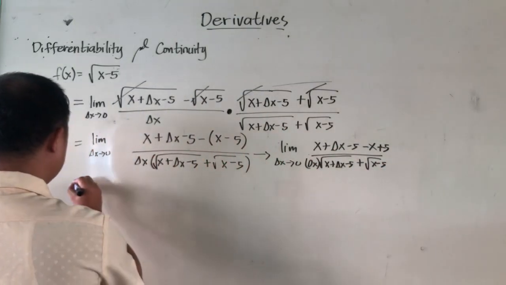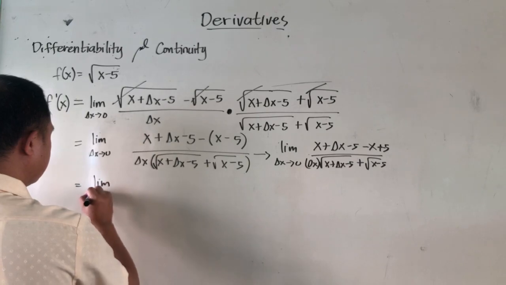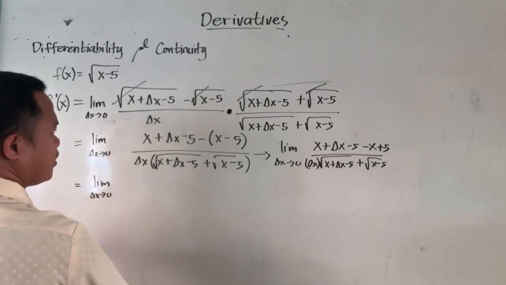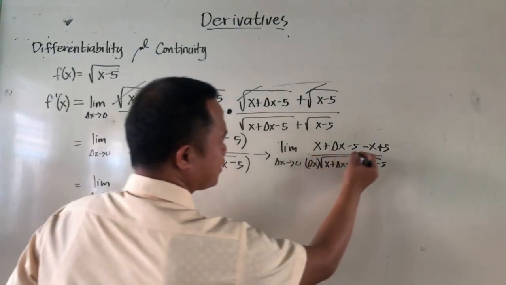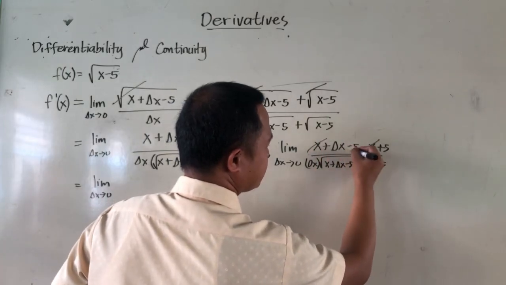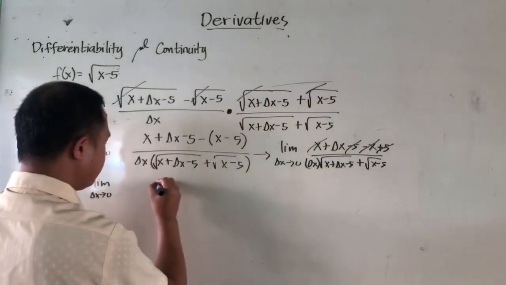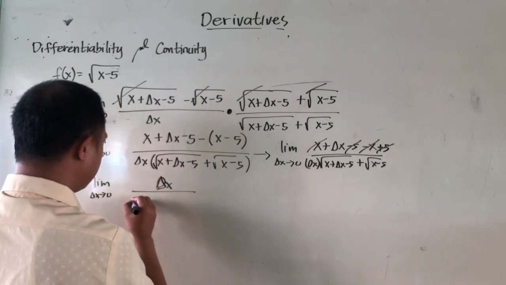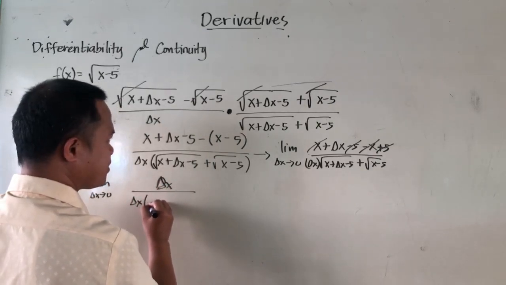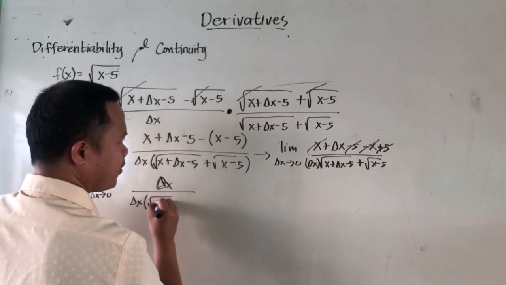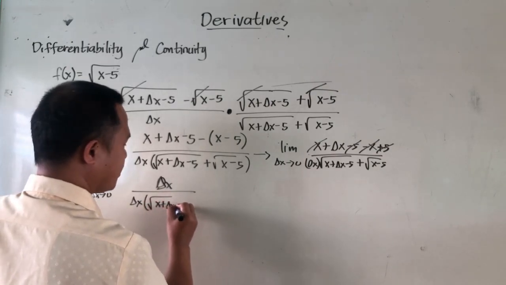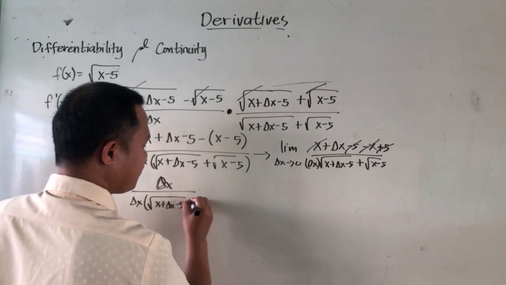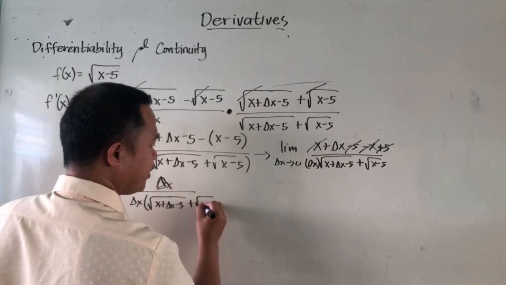Simplifying that, we'll have the limit as delta x approaches 0. We have cancel out, cancel natin. So we have delta x over delta x times the square root of x plus delta x minus 5 plus the square root of x minus 5.